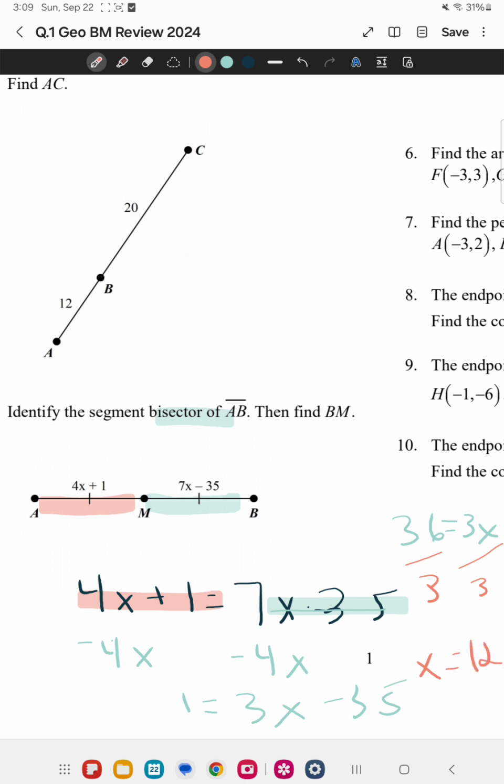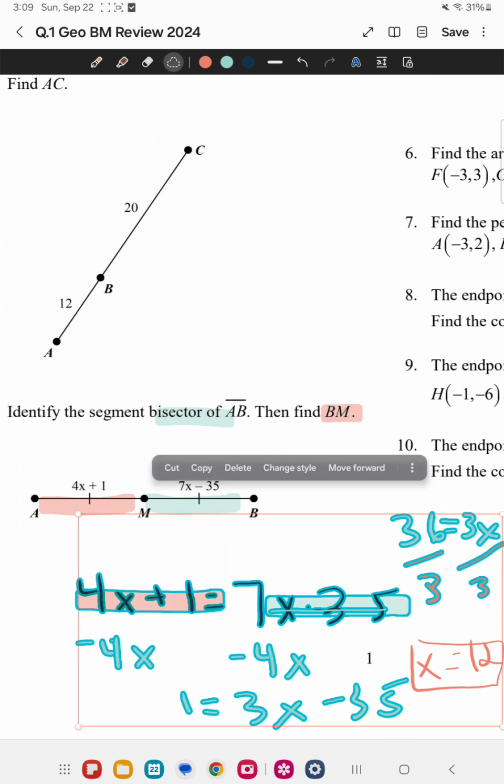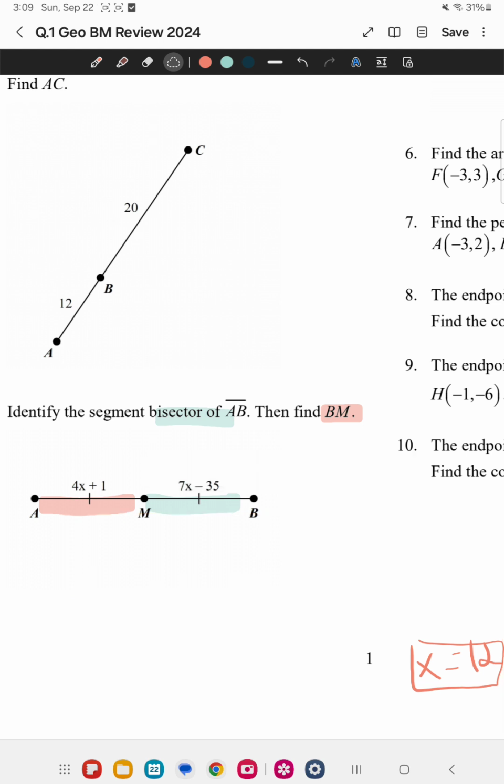And that's my x value. But it's not asking for my x value. If you look really closely, it's asking for the measurement of BM. So I'm going to just erase some to give myself a little bit more room. So we know that x equals 12, but we want to know what BM equals.